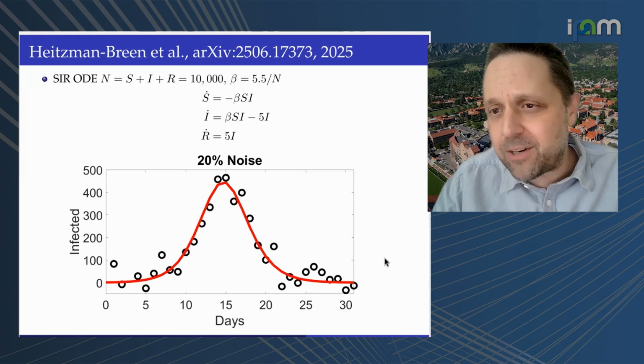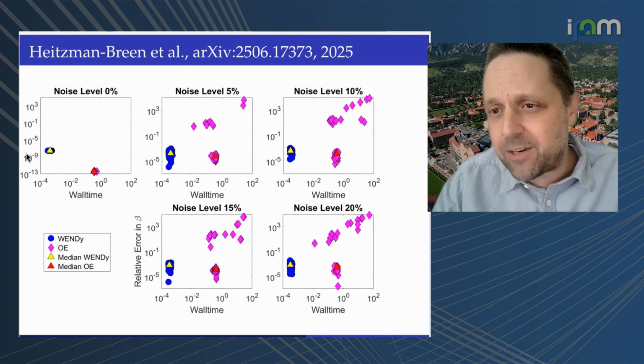And so this is for a simple academic example here with noisy data. You can get really great estimates here. In this case it ends up being comparable to some of the forward solver based ones in terms of the parameter estimate. But one of the important things to keep in mind is that as you increase the noise level, forward solver based problems are highly dependent upon giving it a wise initial guess for your problem.